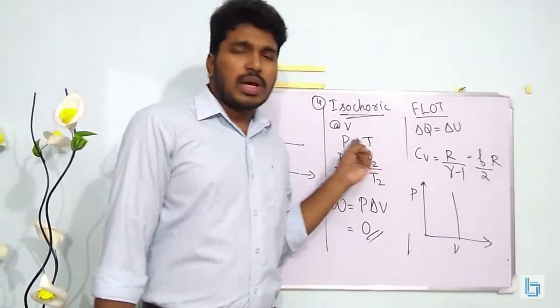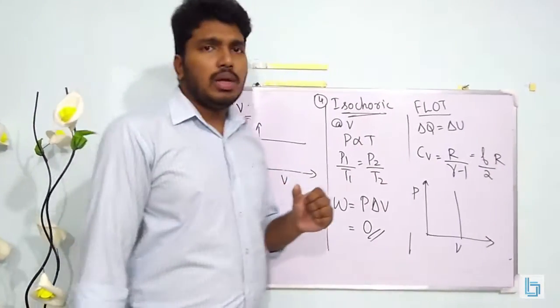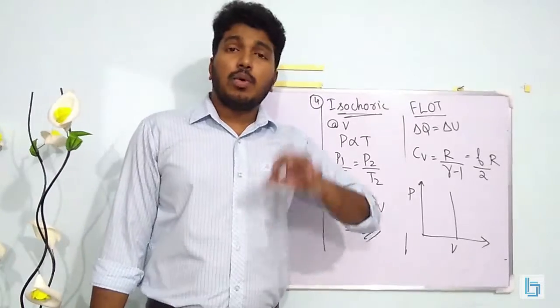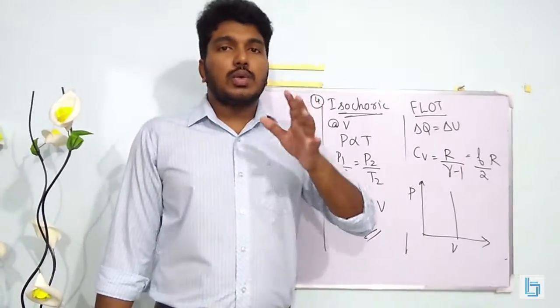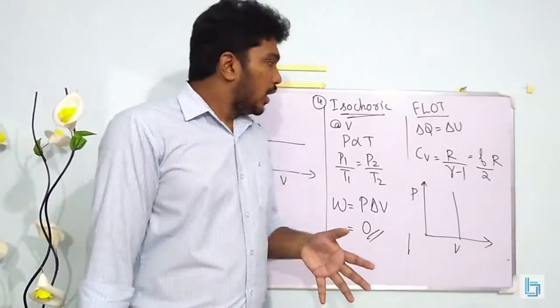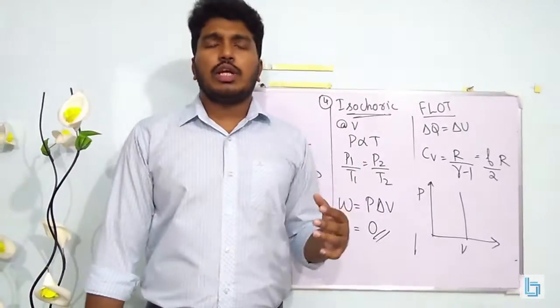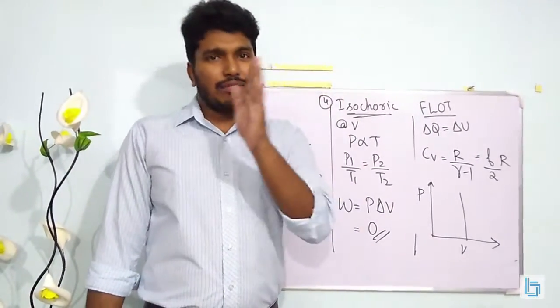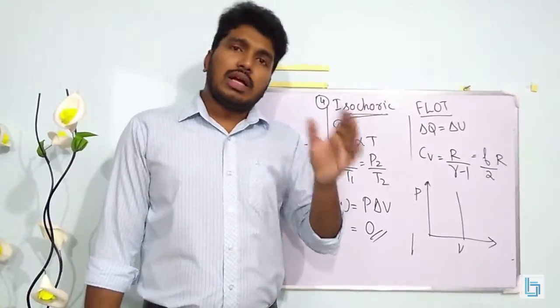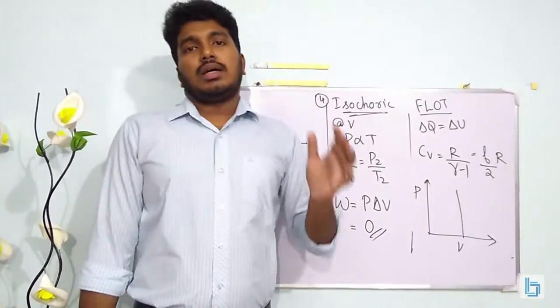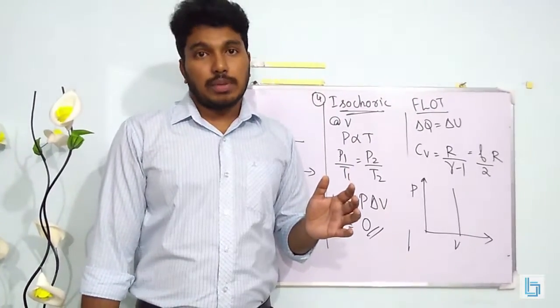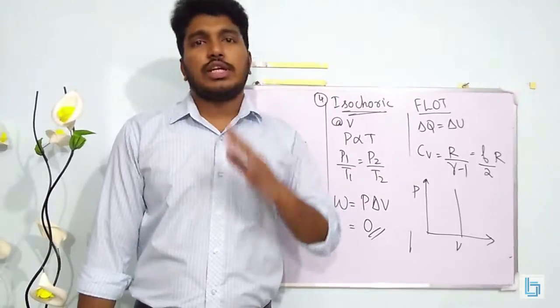Clear? Okay, so I hope these four processes are clear for you. And now for a general process known as a polytropic process, I'll be doing a separate video for that. And one more thing, towards the end of the video, I'll be doing a graphical comparison of adiabatic and isothermal processes. So make sure you watch the video to the end.